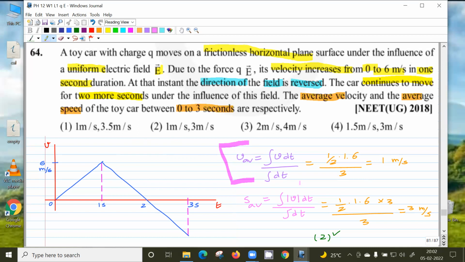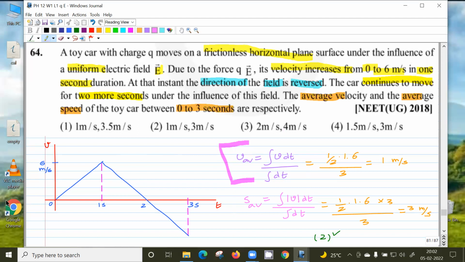Even for an AC current, to find the average current, I take the integral of I dt divided by the total time. If you have discrete numbers, say 3 numbers, you take the sum and divide by 3. Similarly, here I take small intervals, add them, and divide by the total interval.